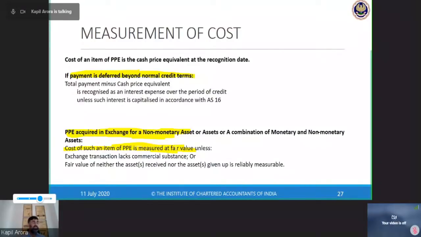Profit of mine, because I am the owner of the old car. I have given my old car, got the new car, right? So profit is mine, right? Okay, so the cost of such an item whenever we exchange is always kept at fair value, except in two cases.